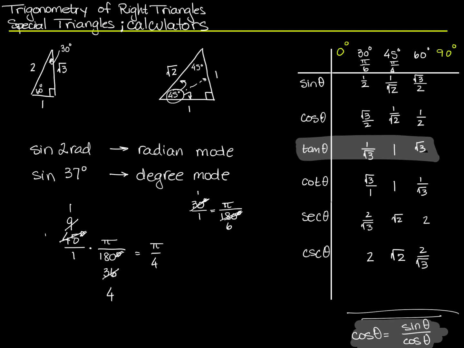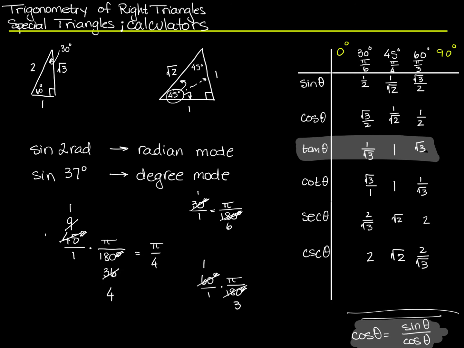Lastly, 60 degrees is not equal to, not yet, pi times pi over 180. Cancel the degrees. And this time I have 60 goes into 60 and 60 goes into 180. So 60 degrees is pi over 3.